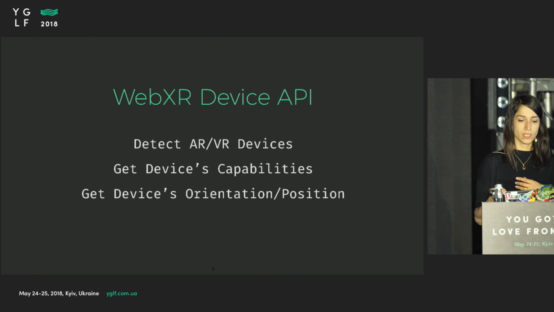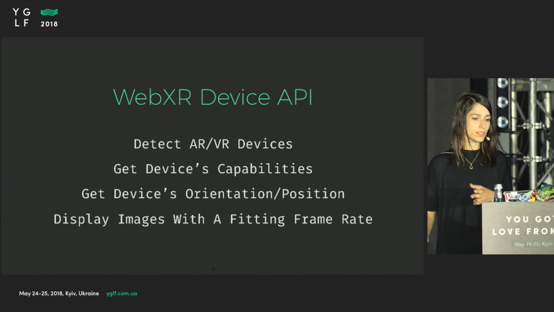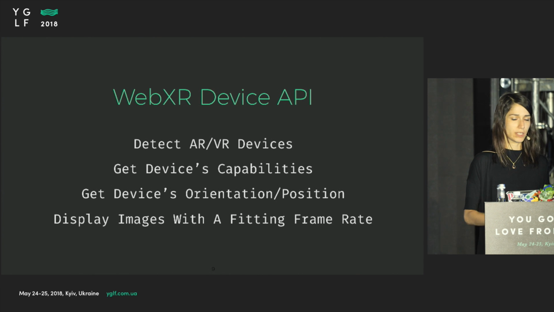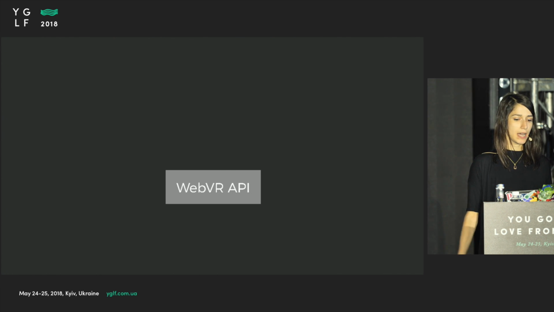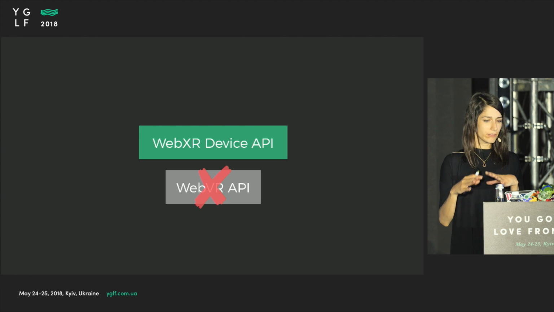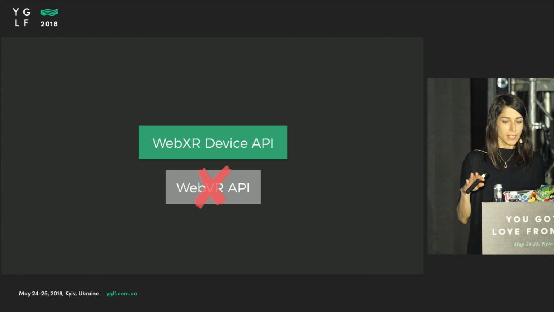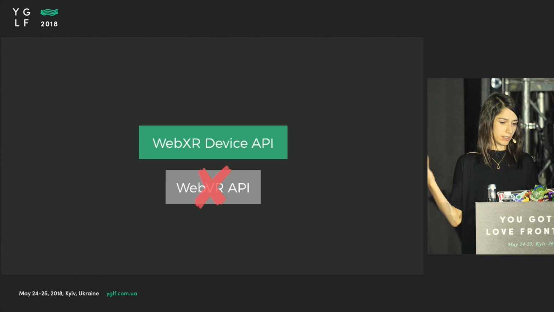The API also intends to get a device's orientation and position and then render images to the devices with an appropriate frame rate. This new API is replacing the deprecated WebVR API and it's currently unstable. You can already work with it, but maybe not for production. But you can maybe even give your feedback to the people writing the API at this status.